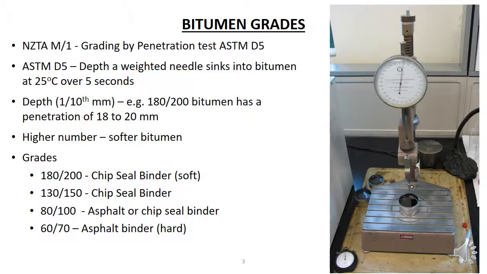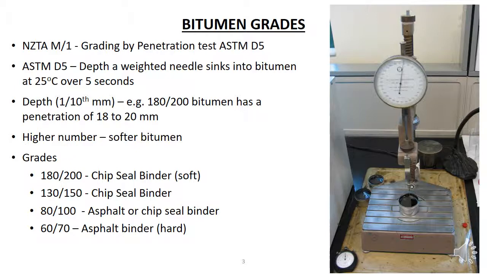For example, a bitumen that has a penetration of 14 millimeters over the 5-second period, that is 140 tenths of a millimeter, would have a penetration value of 140 and would be a 130-150 grade bitumen. In other words, it falls between 130 and 150 penetration grades.